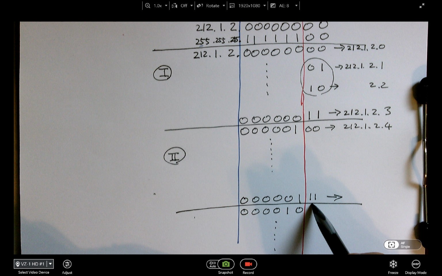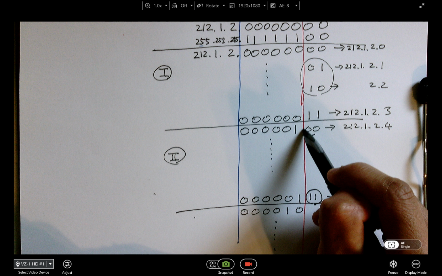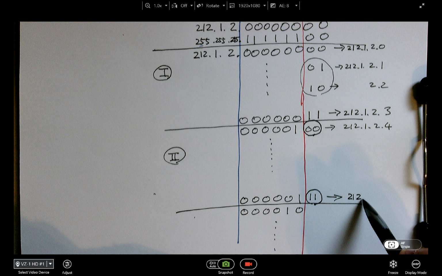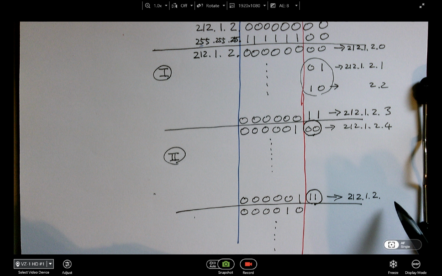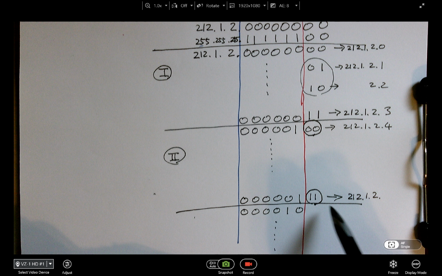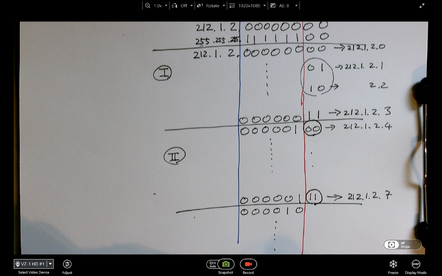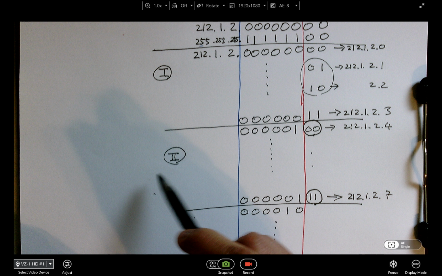So the host portion is all 1s. The network address host portion is all 0s. Which is 212.1.2. So this is 4, 5, 6, 7. So 7.